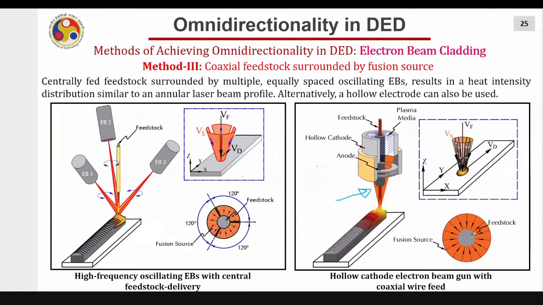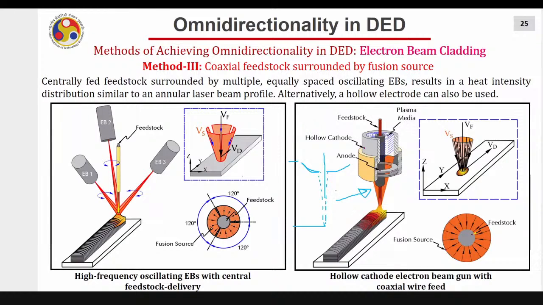They use a hollow cathode. So this is the cathode, and there is a potential difference between the cathode and the substrate. It emits electrons, and these electrons move towards the substrate. As this is a hollow cathode, the electron beam will also be hollow, and you can feed wire in the center.